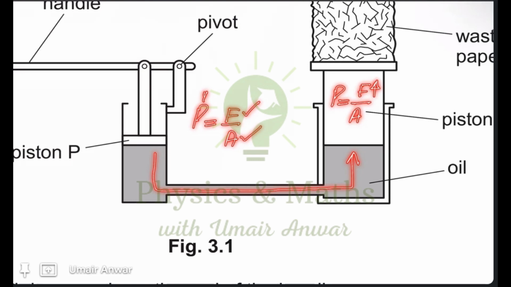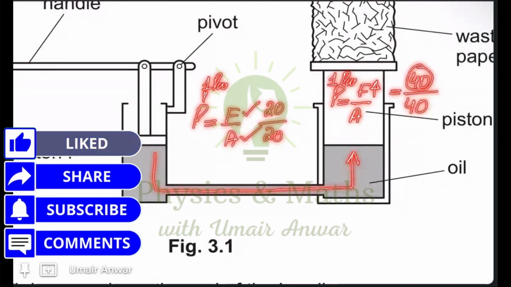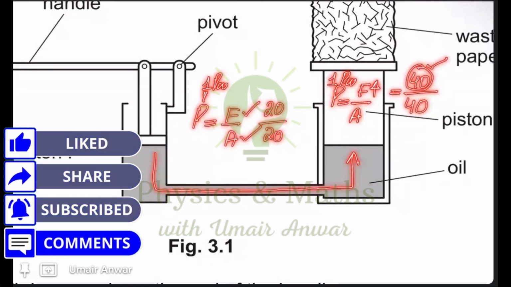So for example, we created a pressure of 1 pascal over here such that the area was 20 and the force was 20. So 1 Pascal here would be created. For example, if the area is 40, then the force has to be 40 here. So the value of force is going to adjust in a way that the final answer should remain the same.